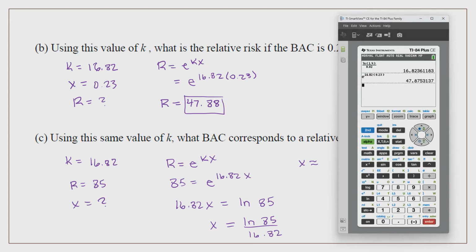So we'll have our fraction, then the natural log of 85 divided by 16.82, and x is approximately 0.26. Okay, so that means for a blood concentration of 0.26 or 26%, the relative risk is 85.